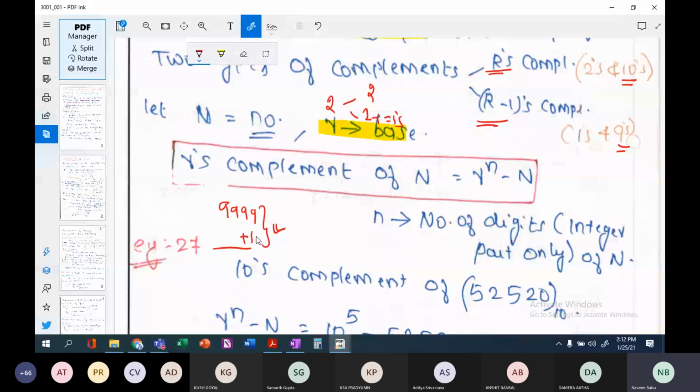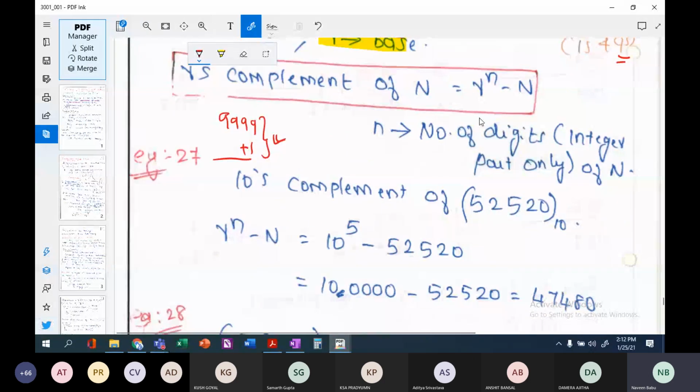If it is a tens complement, just use this particular relation: R power n minus the number. Now here, what is n? n represents the number of digits used to represent this particular number. So this number, how many digits do you have? 1, 2, 3, 4, 5 digits.